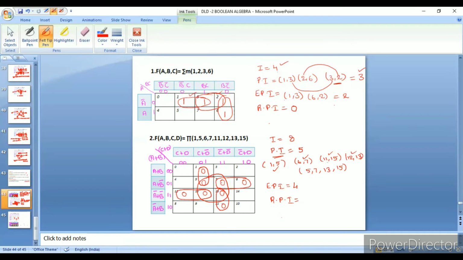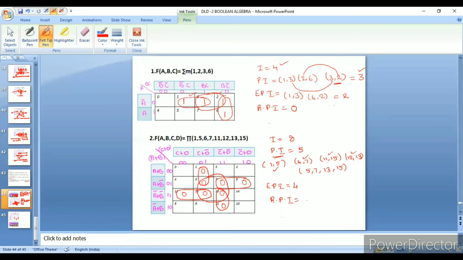This 6 and 7 is also an essential prime implicant, 11 and 15 is an essential prime implicant, and 12 and 13 is an essential prime implicant. Now I mean to say here 5, 7, 15, 13, all these come under essential prime implicants. Such a group is called a redundant prime implicant.